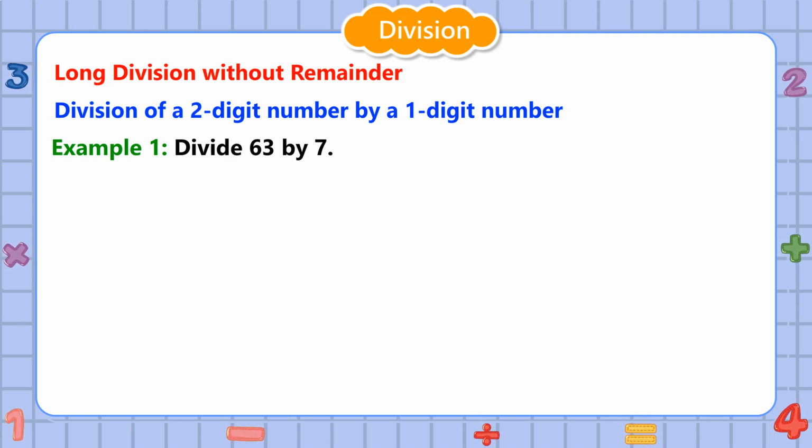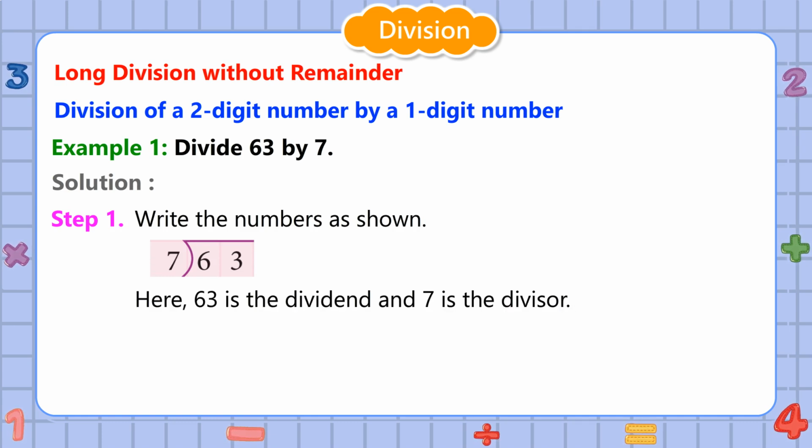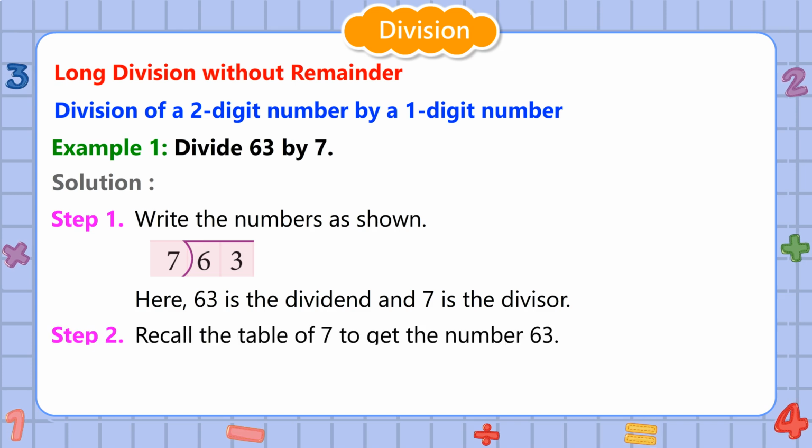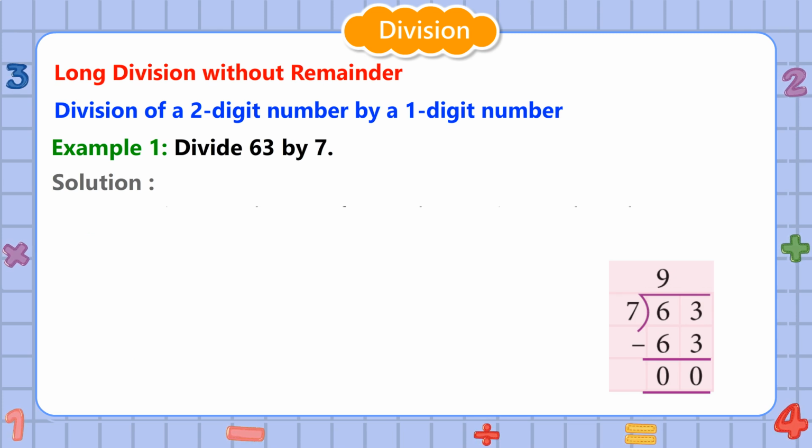Example 1. Divide 63 by 7. Solution. Step 1. Write the numbers as shown. Here, 63 is the dividend and 7 is the divisor. Step 2. Recall the table of 7 to get the number 63. We have 7 × 9 = 63.